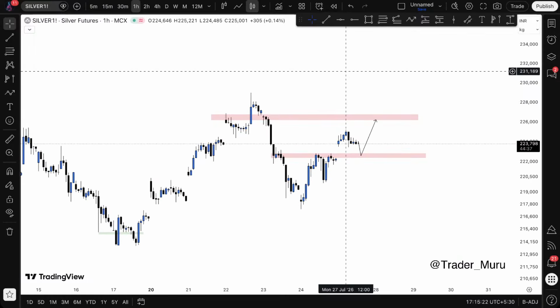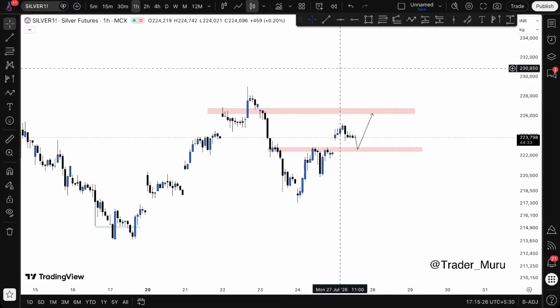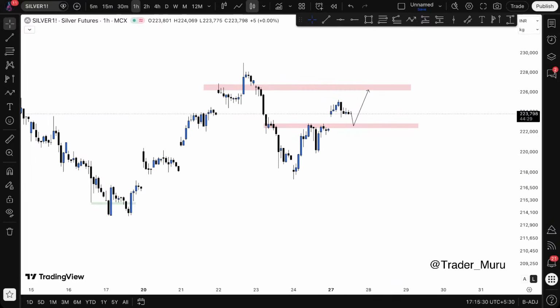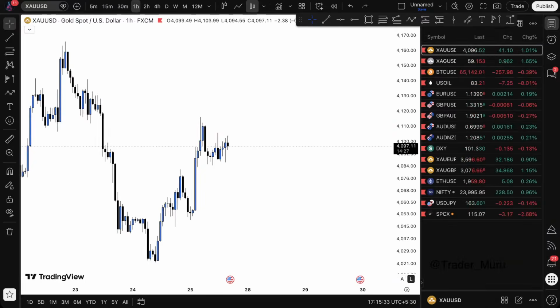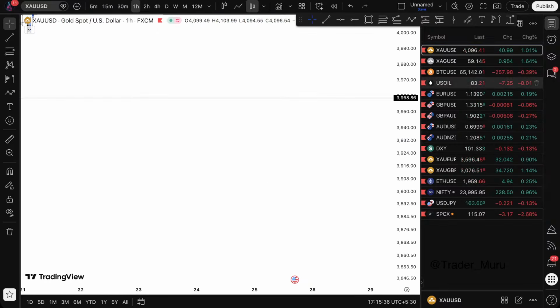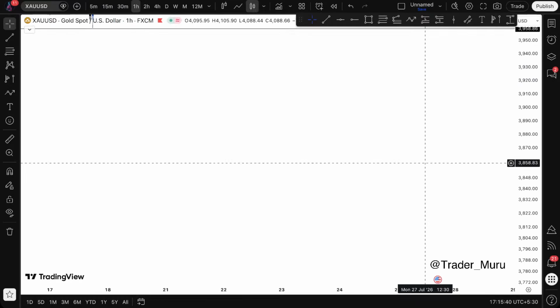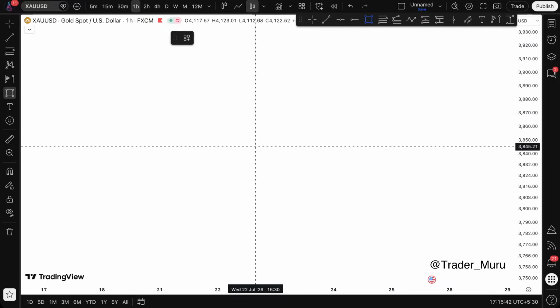Please describe supply and demand, and also the rules for forming supply and demand. Supply and demand are the candles which have failed to hold the market.